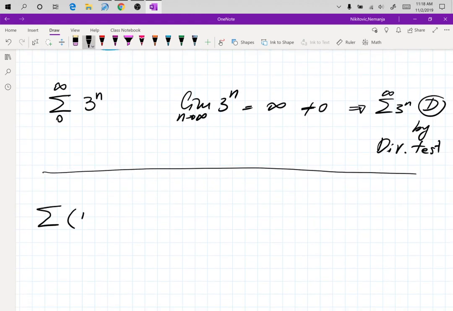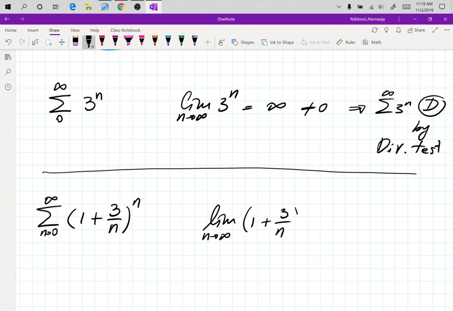Summation of (1 plus 3 over n) raised to the n from 0 to infinity. What's the limit over here? This is that special limit that everyone should know.